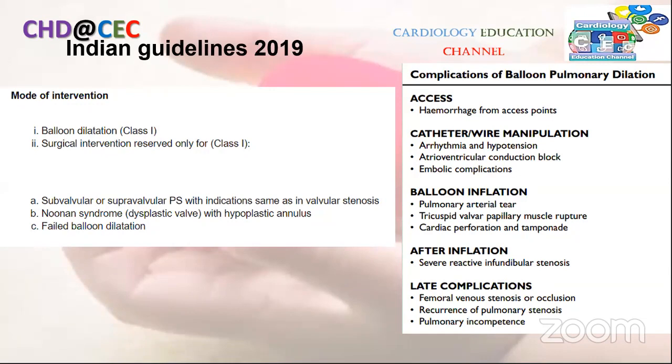If you cannot control the balloon well during inflation, it might jump proximally towards the tricuspid valve, injuring the papillary muscle or causing rupture. We have seen a few patients with flail tricuspid valve after balloon dilatation, with severe regurgitation, who needed surgery for this valve.